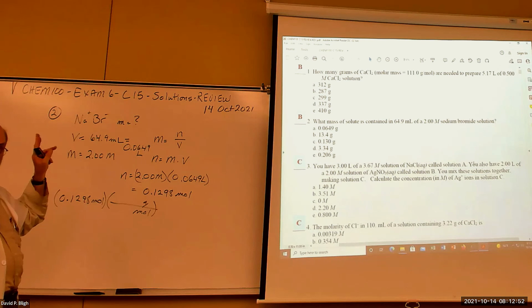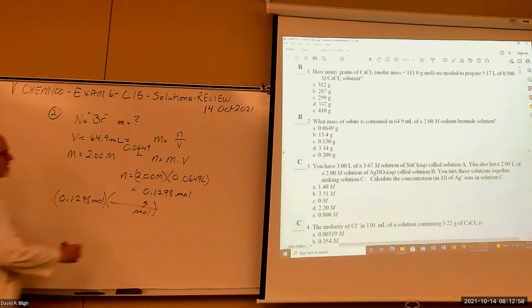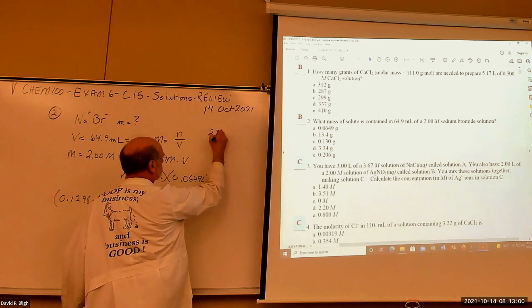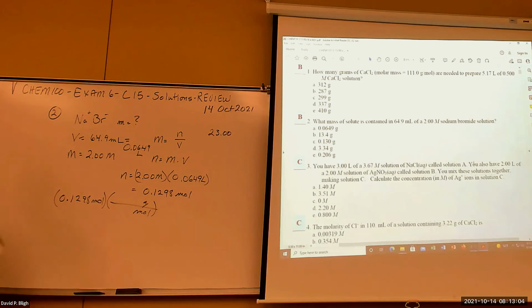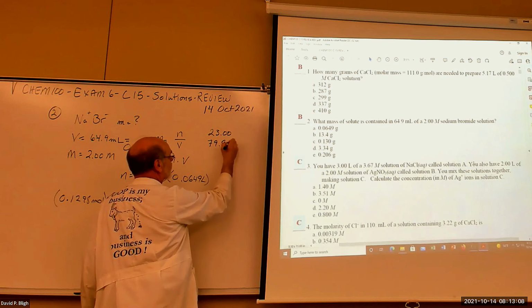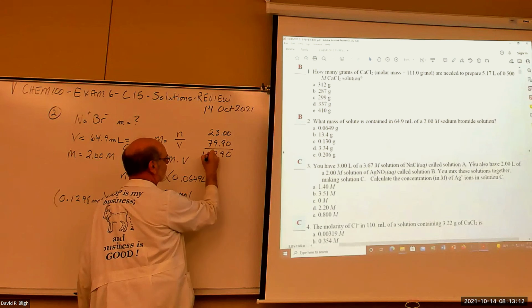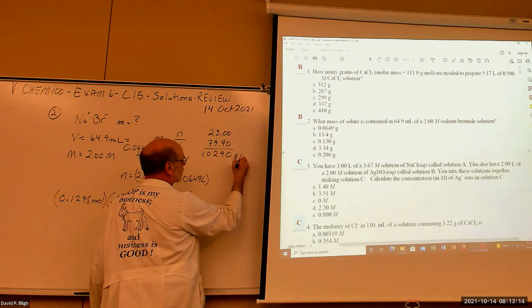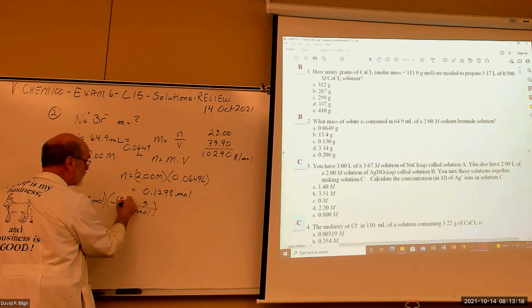Sodium and bromine, just one of each. Sodium is 23. And bromine is 79.90. 102 grams per mole. So 102.9.